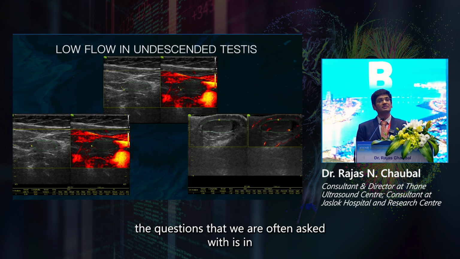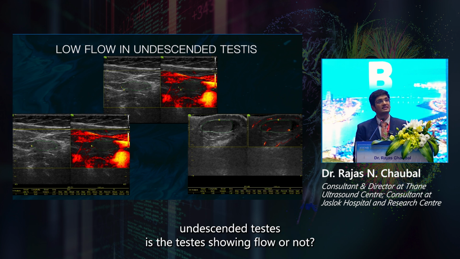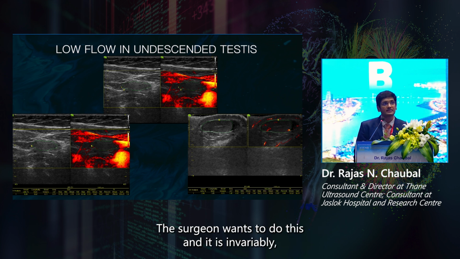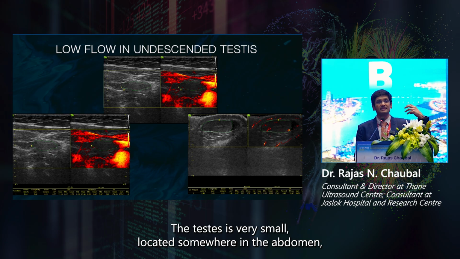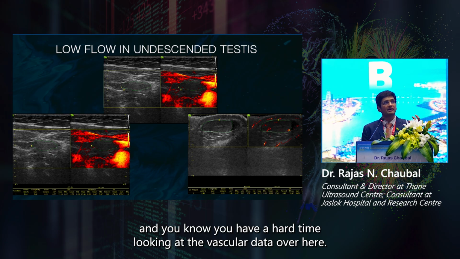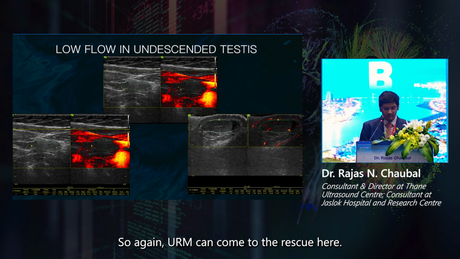One of the questions that we are often asked is, in undescended testes, is the testes showing flow or no? The surgeon wants to know this, and it is invariably a problem because the child is crying, you have an undescended testes, the testes is very small, located somewhere in the abdomen, and you have a hard time looking at the vascularity over here. So again, URM can come to the rescue over here.